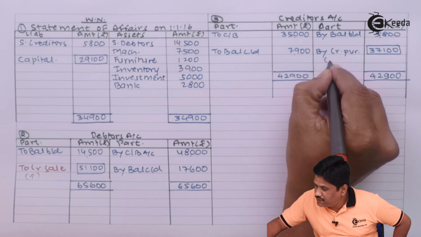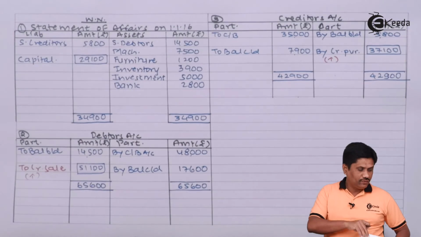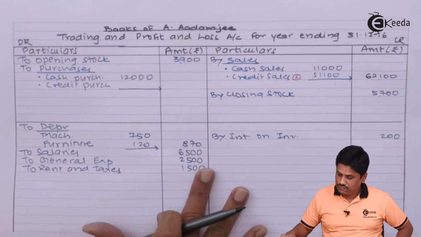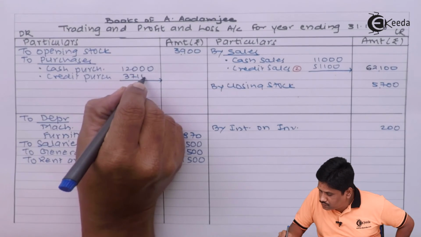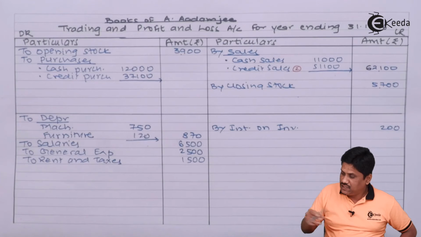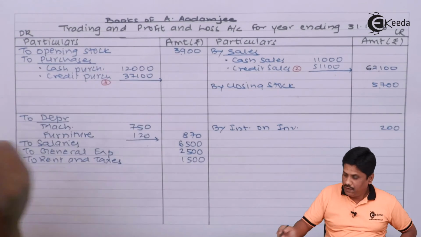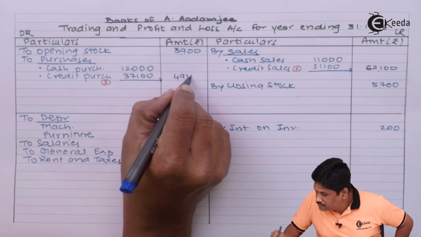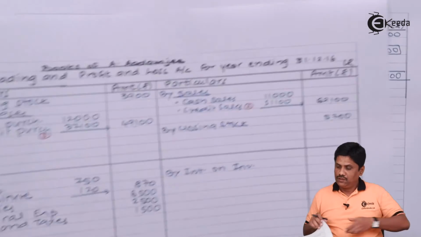So why is it credit purchase? Because there is an increase in creditors. So I am noting in my trading account. It is as per my working note number 3. My total purchases will become 49,100. I believe we are clear on this.